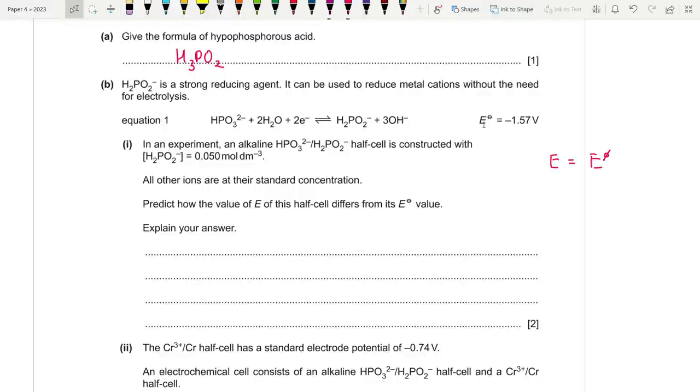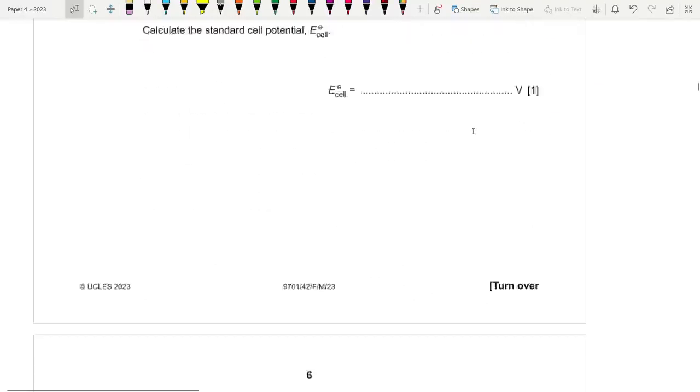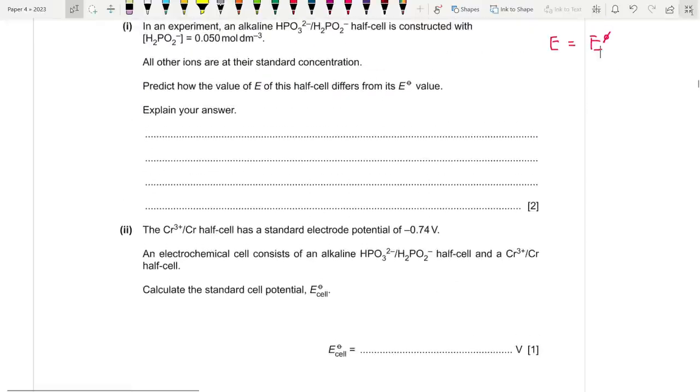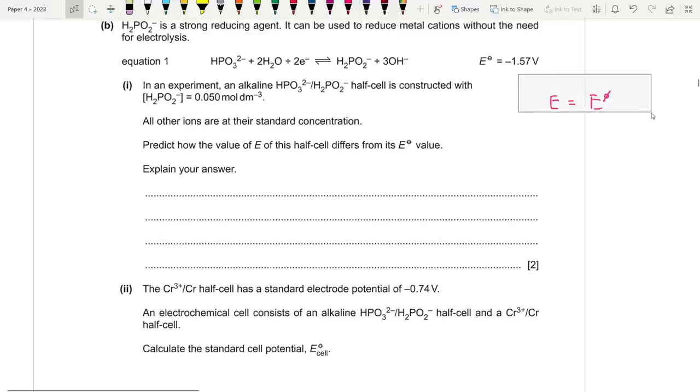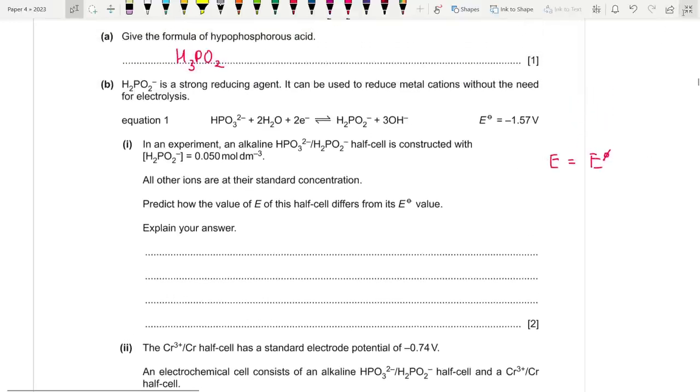It's actually RT by NF, but Cambridge just goes with 0.059 divided by N, where N is the number of electrons transferred. Okay, so you don't actually need to memorize the value. It will always be given in the equation basically.